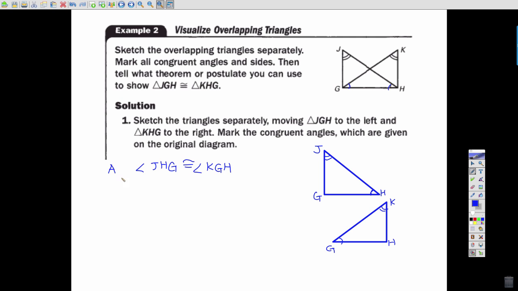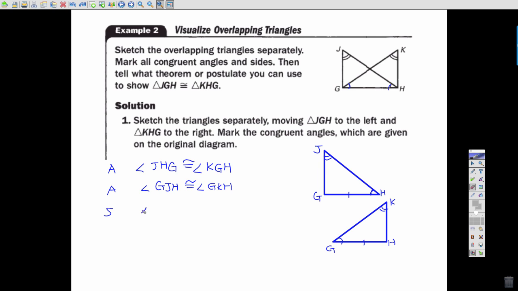So I've got one angle. And then I've got the second angle, which is GJH, is congruent to GKH, second angle. Also notice that the two triangles, when I overlap them, they share a side. Not an angle anymore. Oops, sorry.